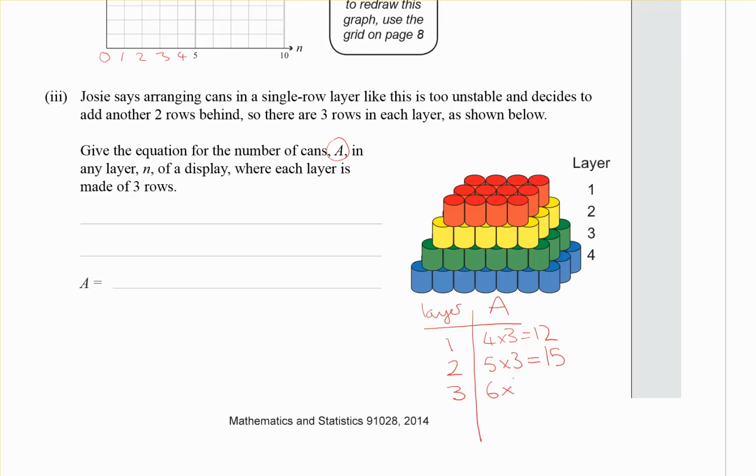Layer 3 will be 6 times 3 is 18. Layer 4 is 7 times 3 is 21. So clearly, once we've added 3 onto the layer number, n plus 3, we're going to multiply that by 3 to get the number of cans in layer A. You might want to show off expanding that. 3n plus 9 would be the other way to work it out.